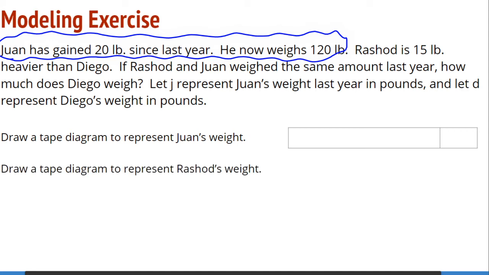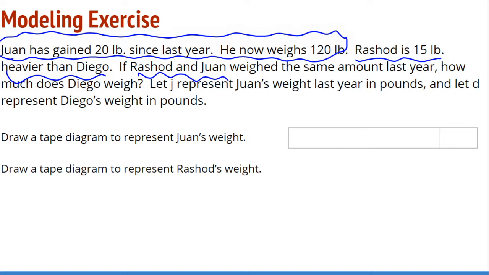Now it says that I'm supposed to draw a tape diagram to represent Rashad's weight. It says that Rashad is 15 pounds heavier than Diego, and that Rashad and Juan weighed the same amount last year.